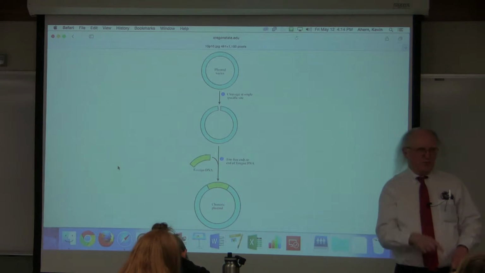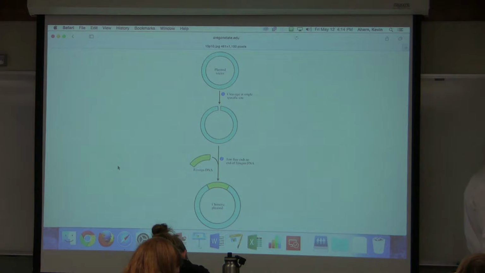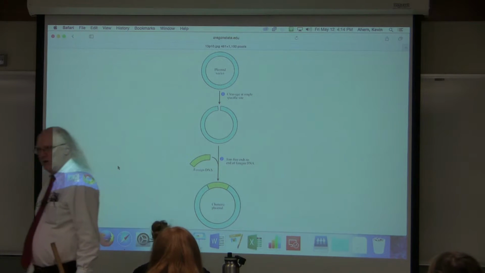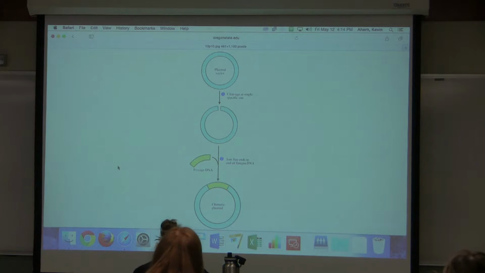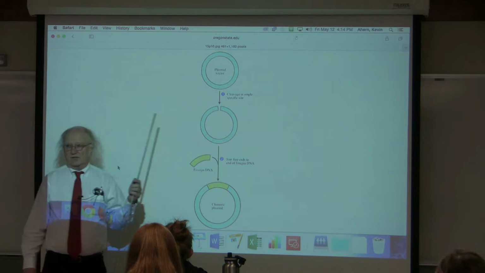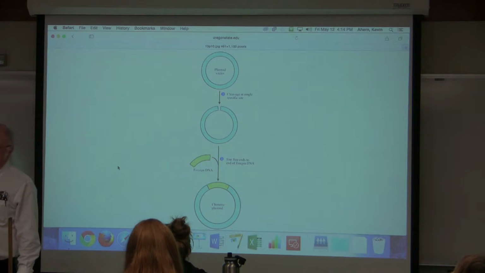Okay, it doesn't have to be physically a circle, but it's circular. It has no ends. Okay, and it's typically fairly small. A plasmid that we use in the laboratory very commonly has about 2,500 base pairs in it. Some of the larger plasmids might have upwards of 10,000 base pairs in them. Okay, and that's quite a bit smaller in contrast to, say, a bacterial chromosome, which might have 6 million base pairs in them.